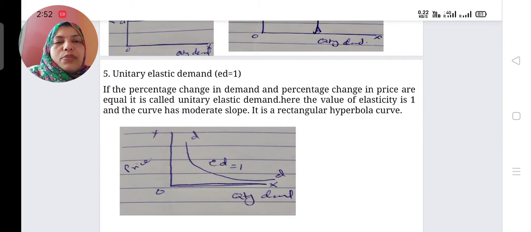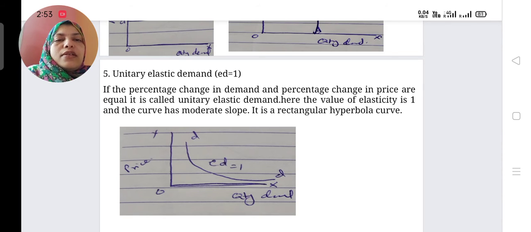And the fifth type is unitary elastic demand. If the percentage change in demand and the percentage change in price are equal, it is called unitary elastic demand. For example, if the price changed from 5 to 10 rupees, then demand also changed from 10 to 15, in equal proportion.